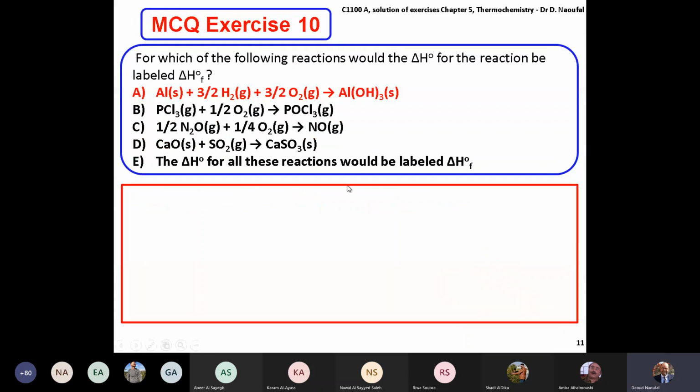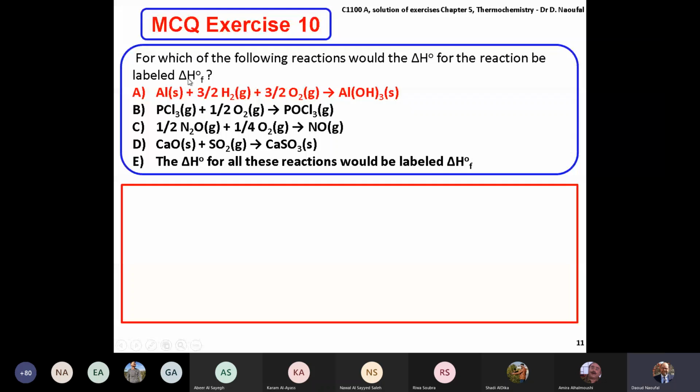MCQ 10. For which of the following reactions would the delta H be labeled delta H0 formation? In other words, which of these reactions is equivalent to the reaction of formation of the substance?